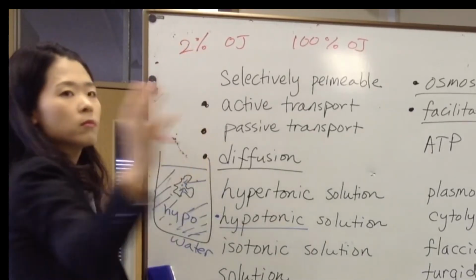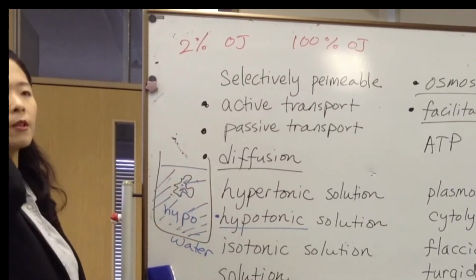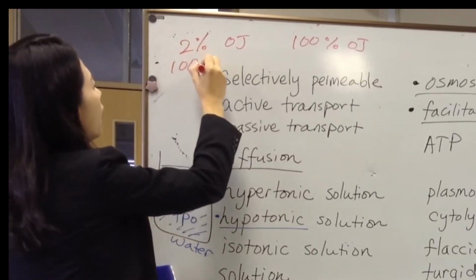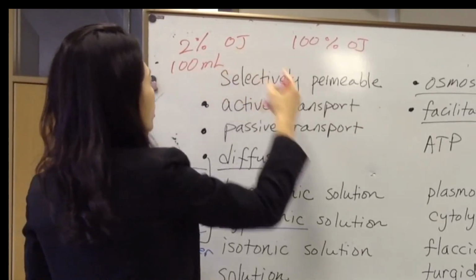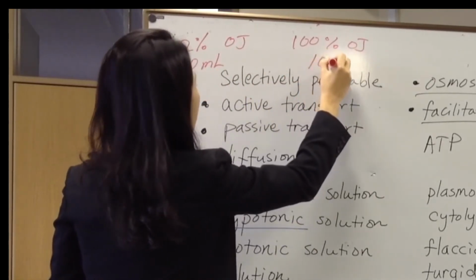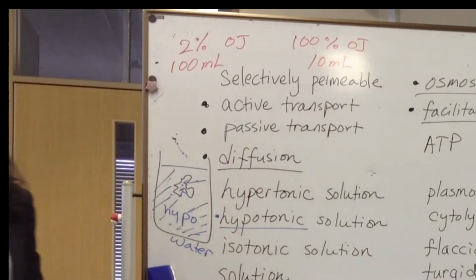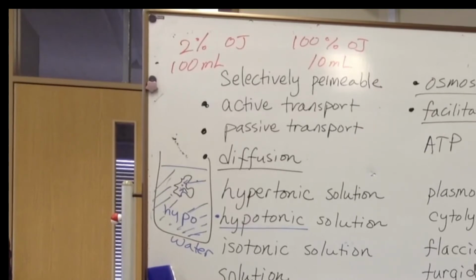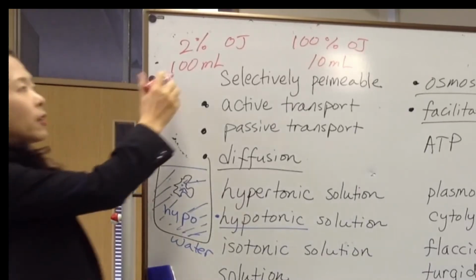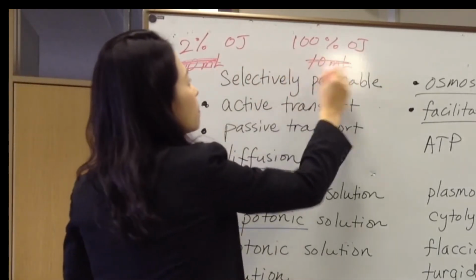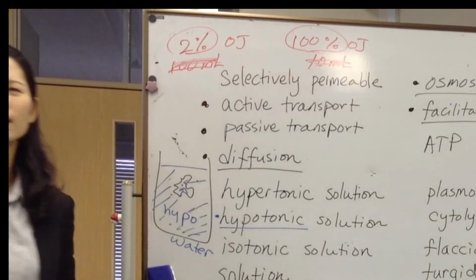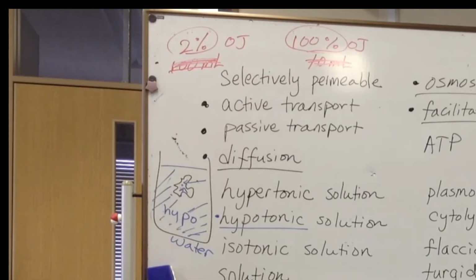Okay, just putting this to the side, a little bit of math. 100 ml of 2% OJ versus 10 ml of 100% OJ. Which one is greater? That's the strength of the solution. 100%. Yeah, still 100%, right? It's not about the amount, it's about the concentration, right? That's something that throws students off.